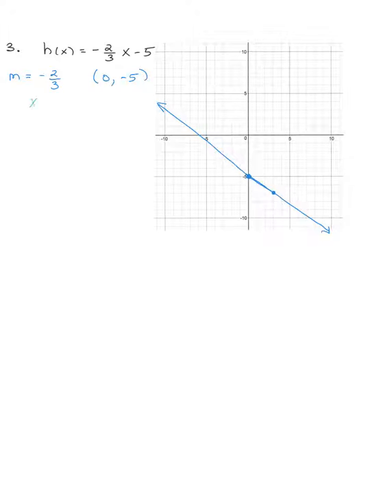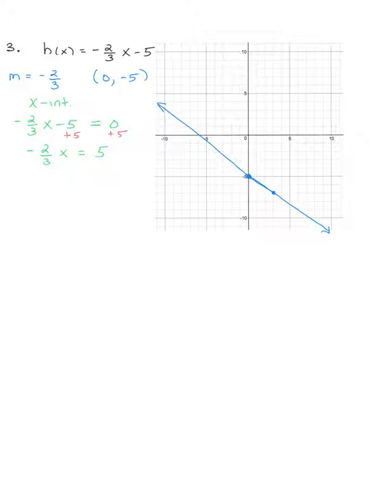If I now want to find the x-intercept, whatever that is, I take my equation, I set it equal to 0. I'm saying the y value is 0, so what is x equal to? I will add 5 to both sides. So I added 5 here on the left and the right.